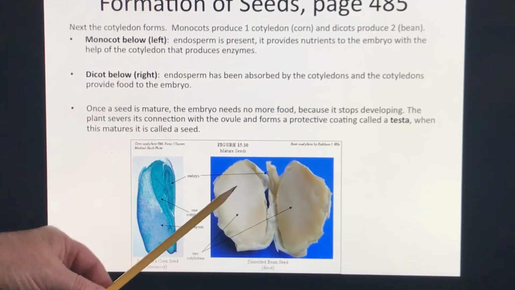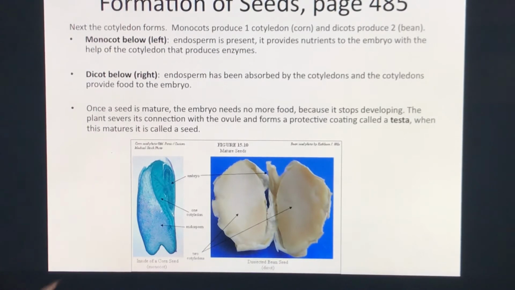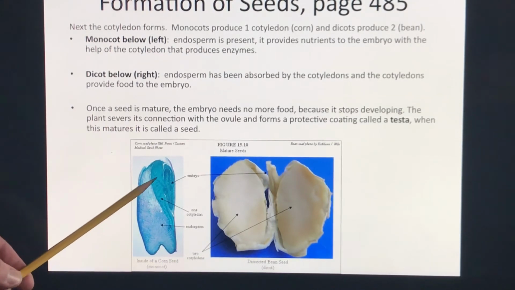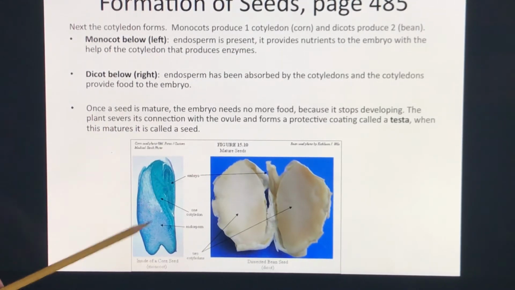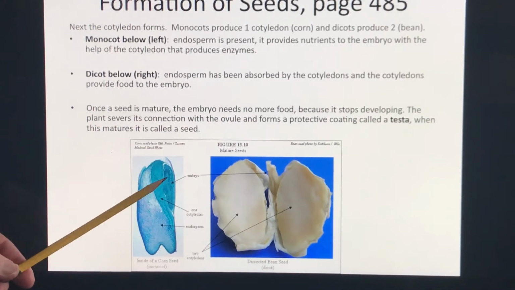So just to compare and contrast them a little bit, in the monocot here, you can see the cotyledon is here, and then this portion is considered the endosperm. It provides nutrients to the embryo with the help of this cotyledon, because the cotyledon produces enzymes that break down the endosperm and provides nutrients to the embryo.